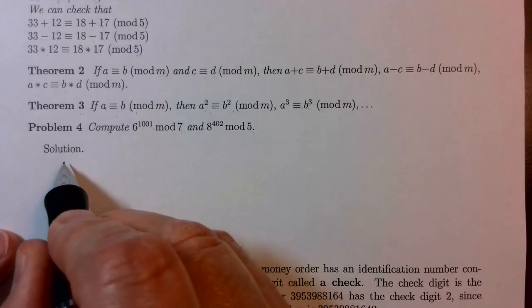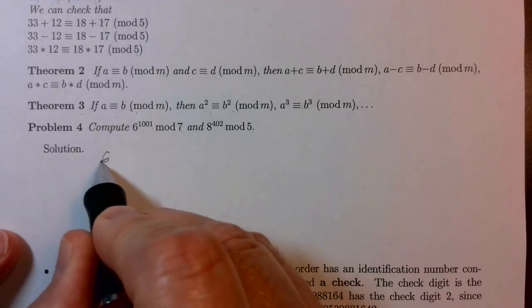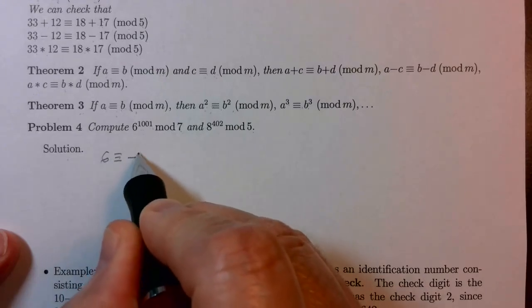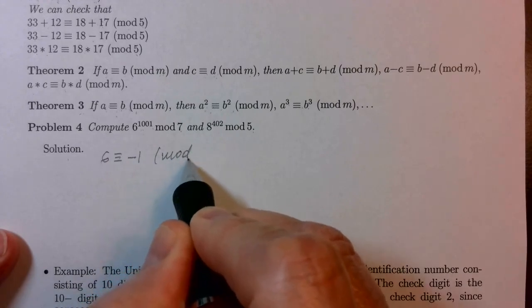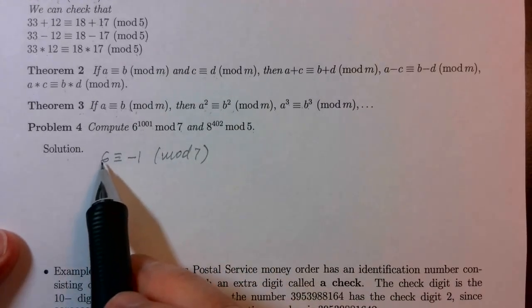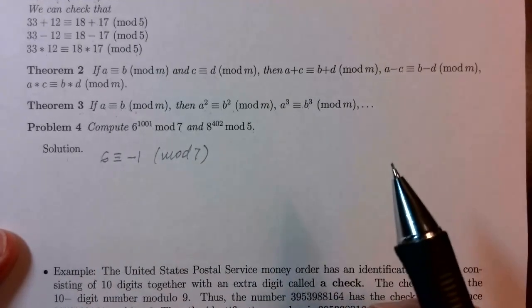First, we start with 6. We can write that 6 is congruent to -1 mod 7. How do we get this? If you subtract 7, basically it is 0 mod 7.